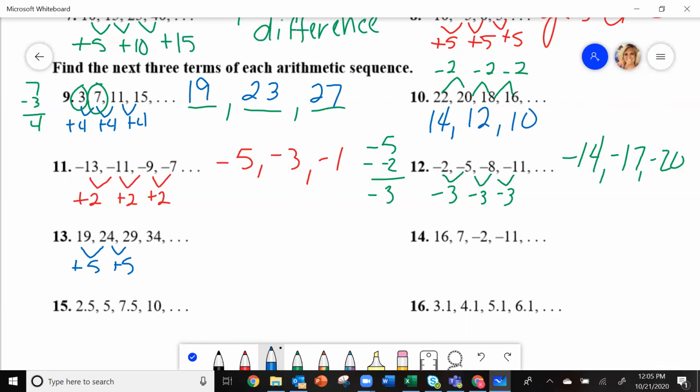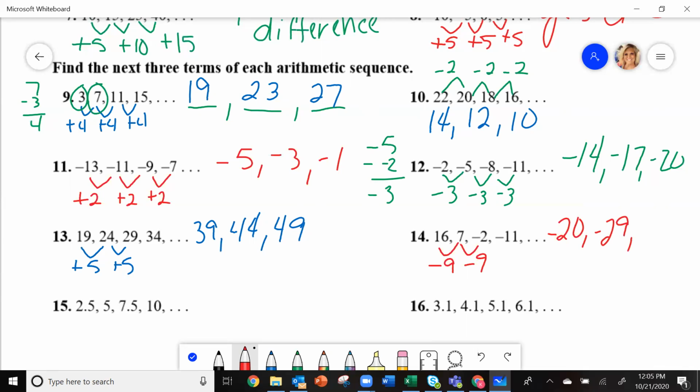So it would be 39, 44, and 49 is what you should have gotten. Number 14, you are going down by 9, and you would have gotten -20, -29, and -38.